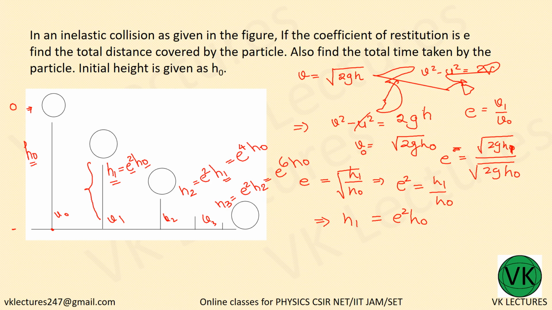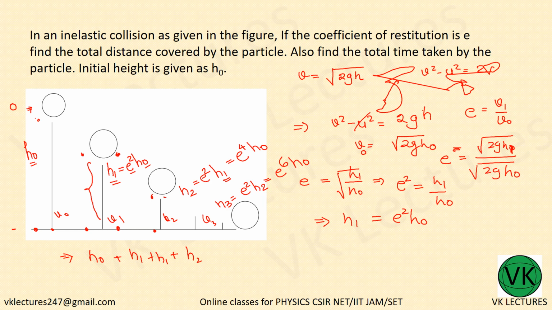Fine. Now the total distance covered will be, it's an infinite series, so from here to here h naught. From here to here h1. Again from this point to this point plus h1, plus from here to here h2.